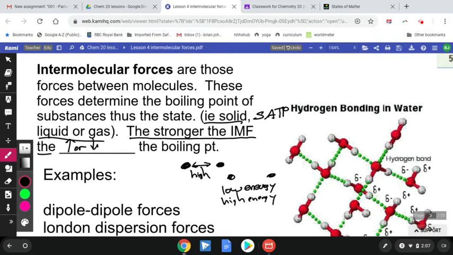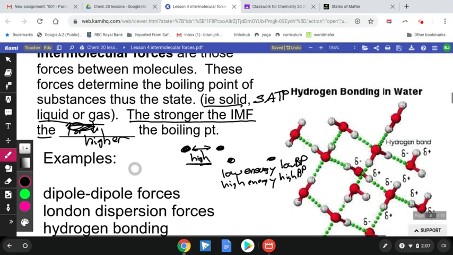In other words, will they have a low boiling point or a high boiling point if there is a high strength of attraction between the 2 neighboring molecules? And the correct answer is the stronger the intermolecular force, the higher the boiling point.